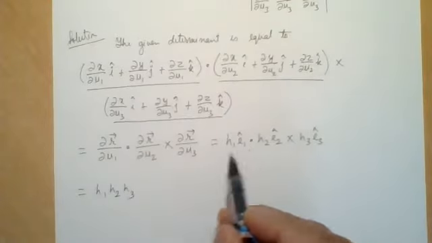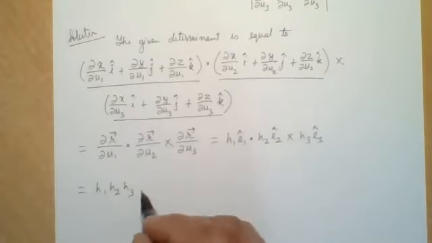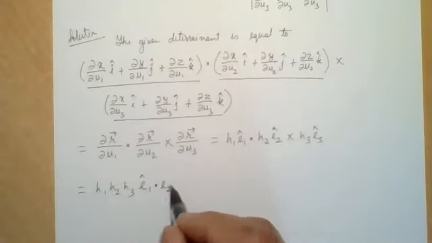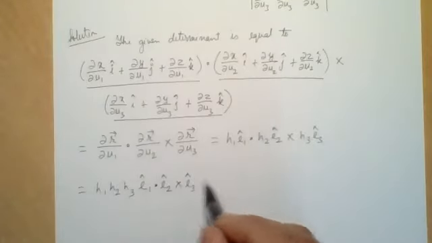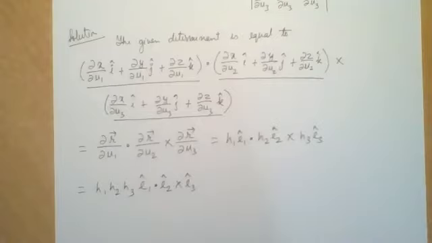You group the three scale factors together, and then what remains is E1 dot E2 cross E3. Then what is E1 dot E2 cross E3? This is equal to 1, because these are unit vectors which are perpendicular to each other.